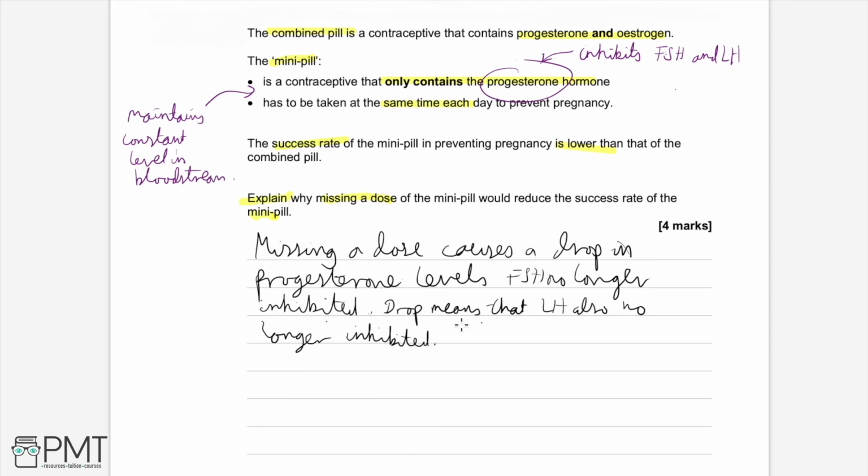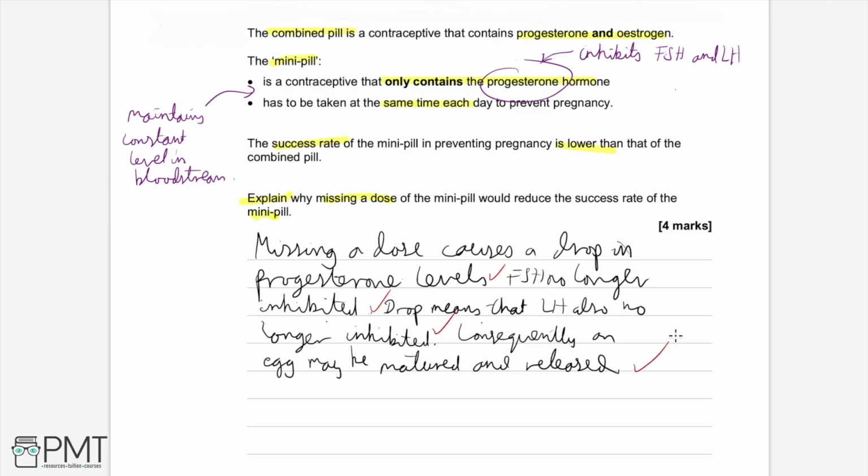So, consequently, the egg will be matured and released. And this is what can cause the possibility of pregnancy. Let's have a look at how the marks are awarded here. Firstly, for mentioning a drop in progesterone, then a mark each for FSH and LH no longer being inhibited, and finally for what this causes, that the egg may be matured and released.